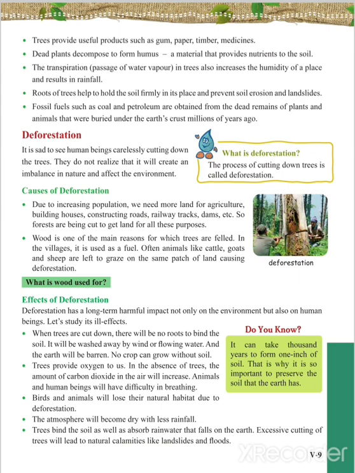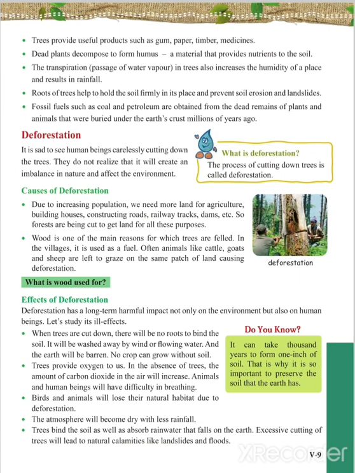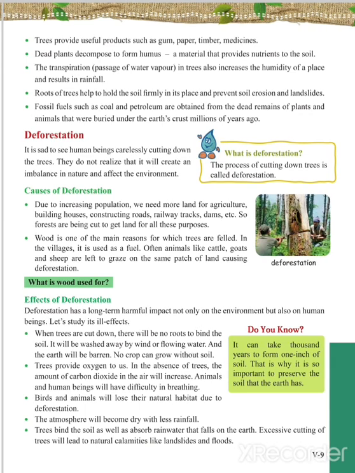Wood is one of the main resources for which trees are felled in villages. It is used as a fuel. Animals like cattle, goats, and sheep are left to graze on such patches of land, causing deforestation.